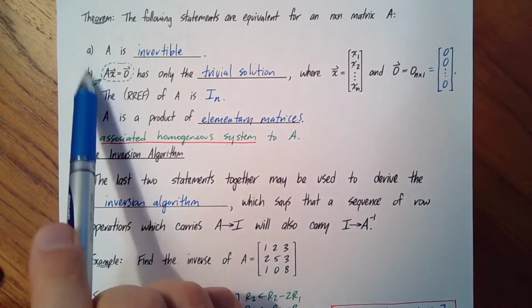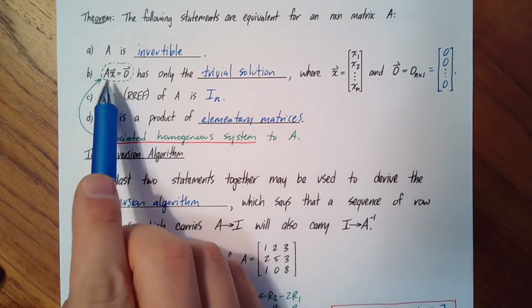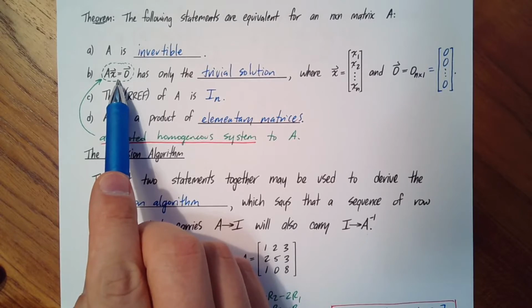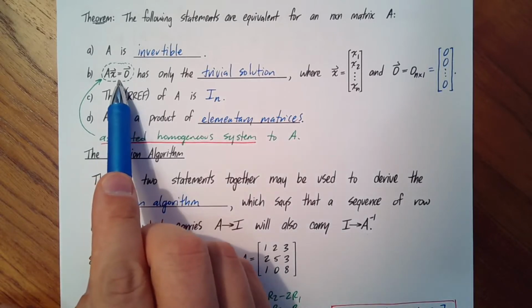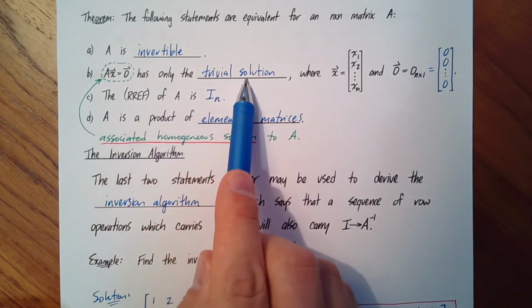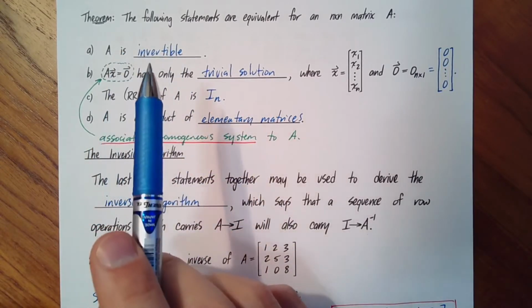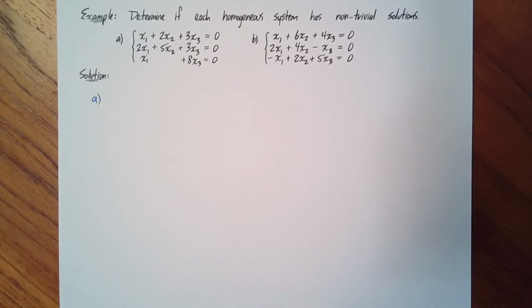The equivalence of A and B states that if you have a homogeneous system, now this is written in matrix form, but this is still a linear system, it corresponds to a linear system, and it has only the trivial solution exactly when A is invertible. So really what it's going to come down to is determining whether the coefficient matrices of these linear systems are invertible or not.